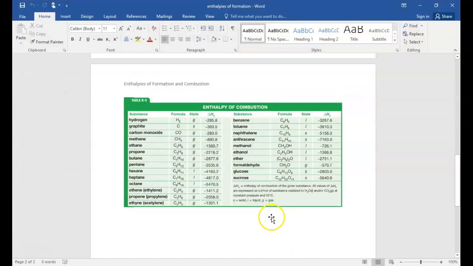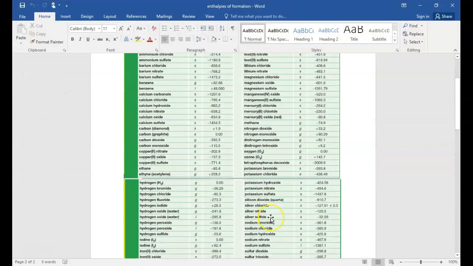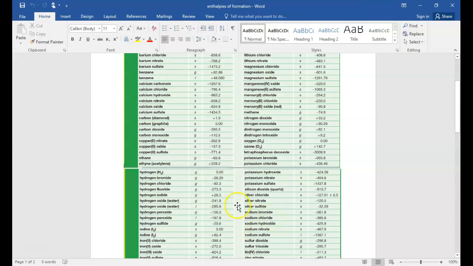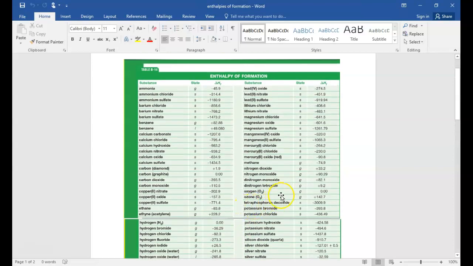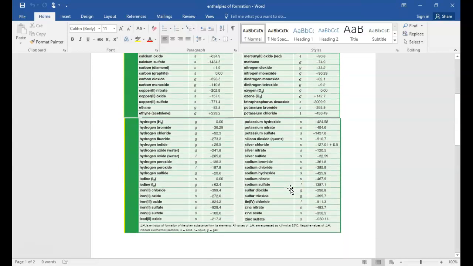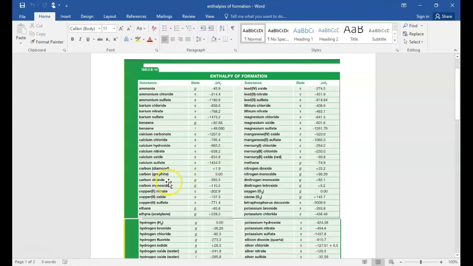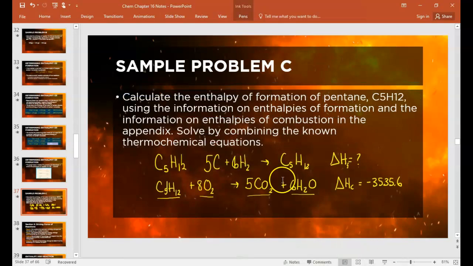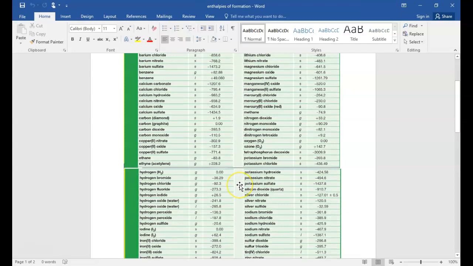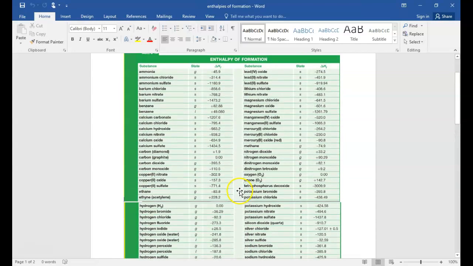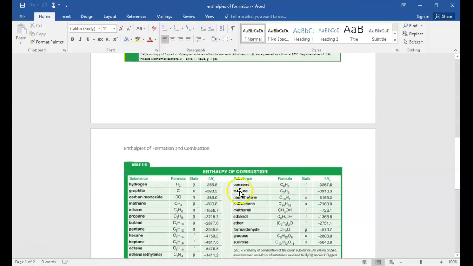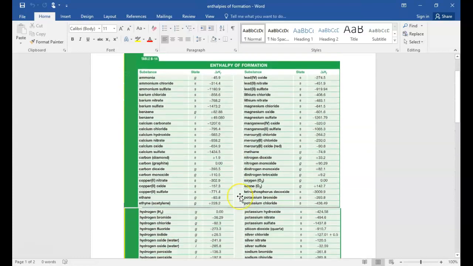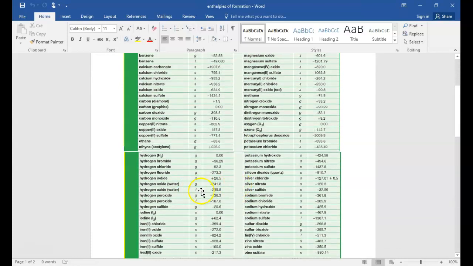So I have CO2. Carbon dioxide has a formation of, let's see, negative 393.5. And water is negative 241.8.